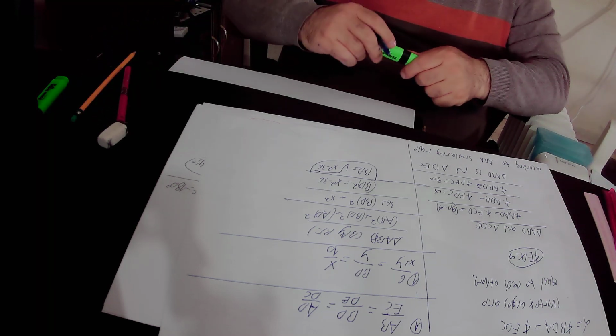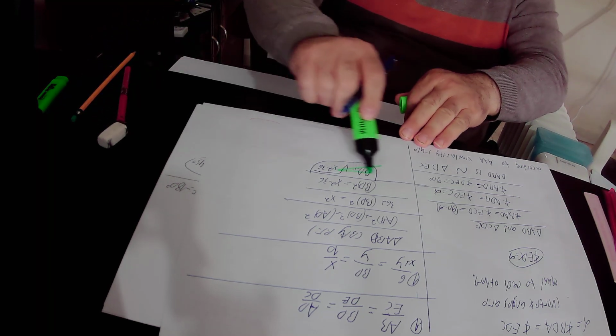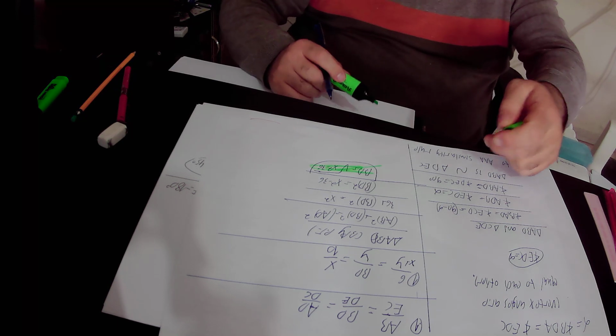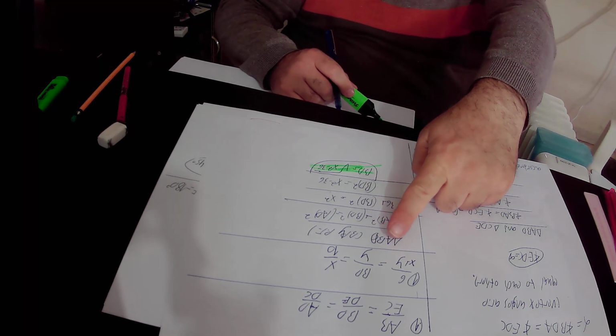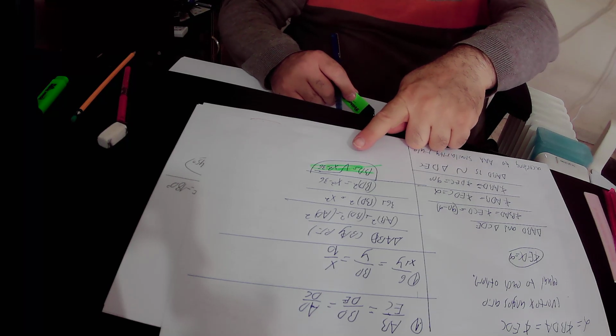So now we can substitute BD in equation number 1 here by the square root of X squared minus 36.